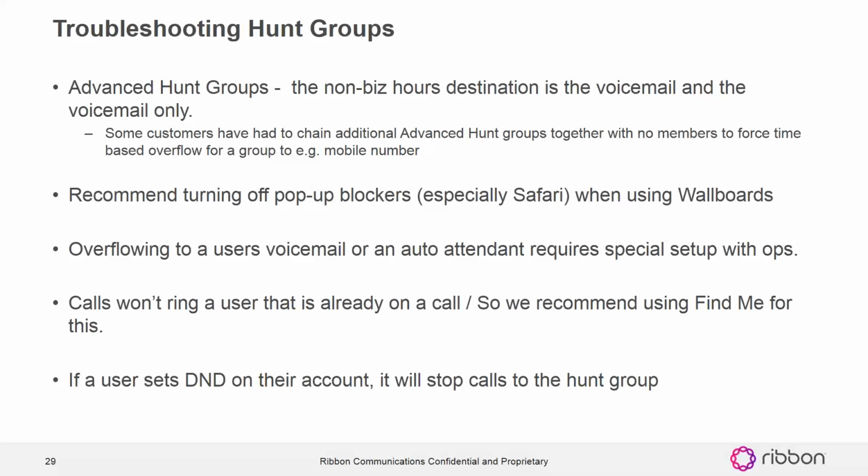If you want that to happen, then we can use Find Me, Follow Me, and I'll go through that next. If a member in the hunt group is out to lunch or in training, they can use the Do Not Disturb feature and select that star code kind of thing, or a speed dial for star code on it, and it will stop calls coming to them.